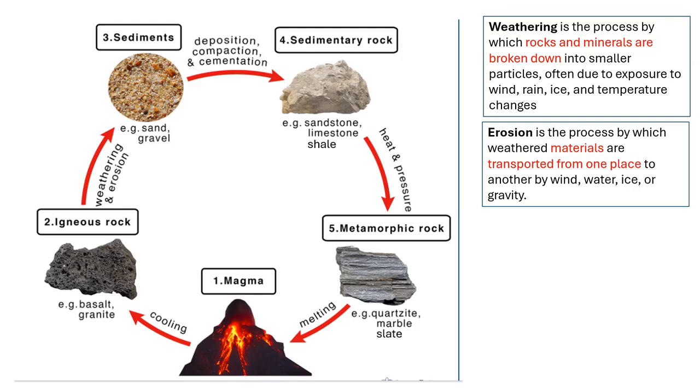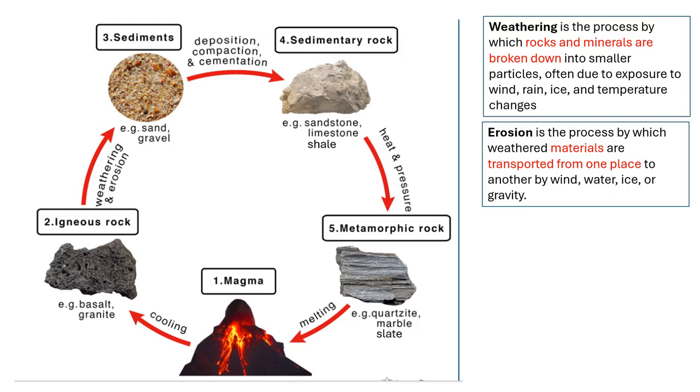So weathering is the process by which rocks, in this case igneous rocks, are broken down into smaller particles through the action of wind, rain, ice, and sometimes also temperature.